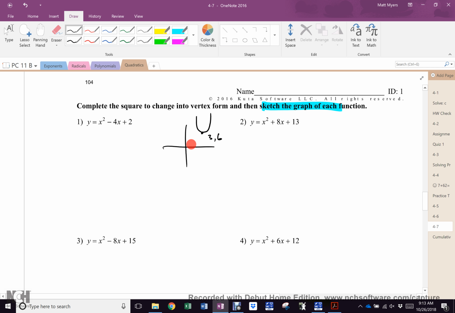That is all I need to see. Okay? If it's got a really high a value, then show me a really skinny parabola. If it's got a very small a value, like a fraction, then show me a big wide parabola. If you really want to be cool, you could recognize that that's the y-intercept, and you could put that on there and then draw it through the vertex. Everybody okay? All right.